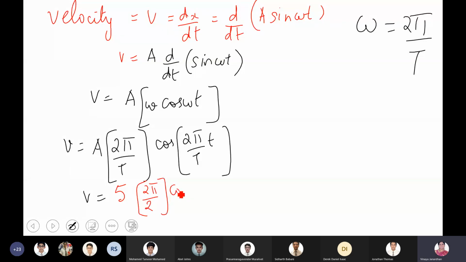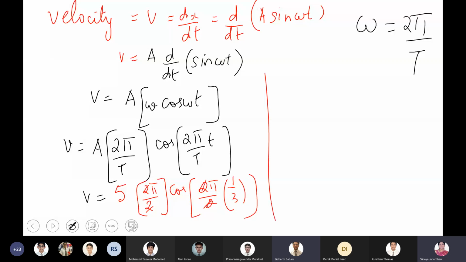Okay, cos of 2 pi by 2 into, what is the value of t? 1 by 3. No need to convert to meters, later on you can convert. So V is equal to 5 pi cos pi by 3.